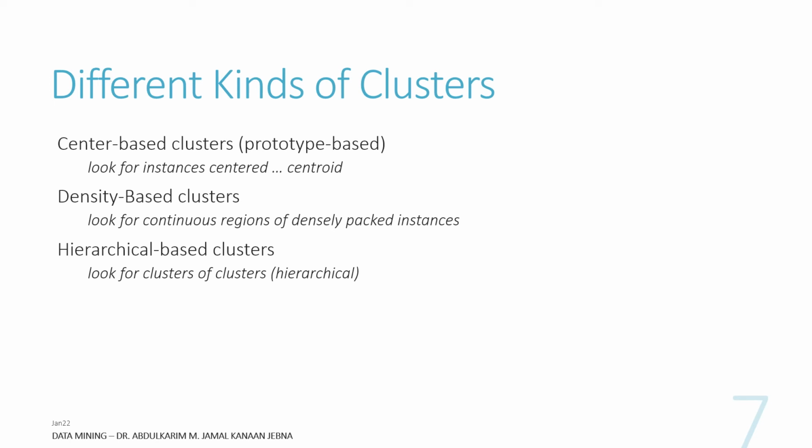Other types are density-based clusters, where these algorithms look for continuous regions of densely packed instances. And dbScan is one example that we're going to discuss later on. The final type is hierarchical-based clusters. These algorithms look for clusters of clusters, which is called hierarchical.